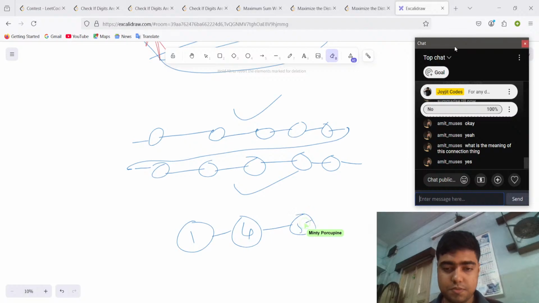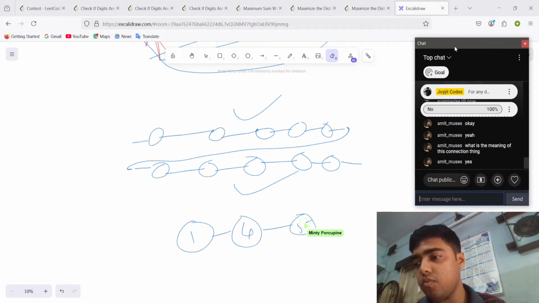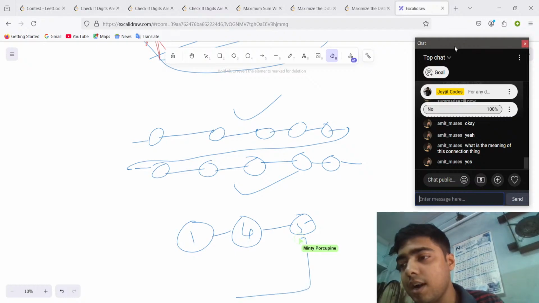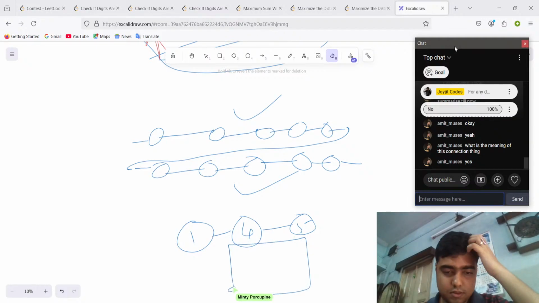Now our aim is that the end point we have to connect to the first point. Why? Because the square is like a wire like this, where the end and the starting are connected, right? The end and the starting are connected.